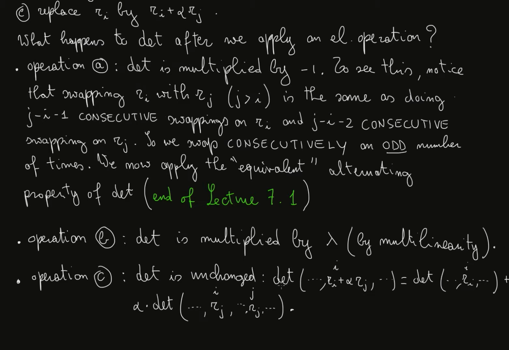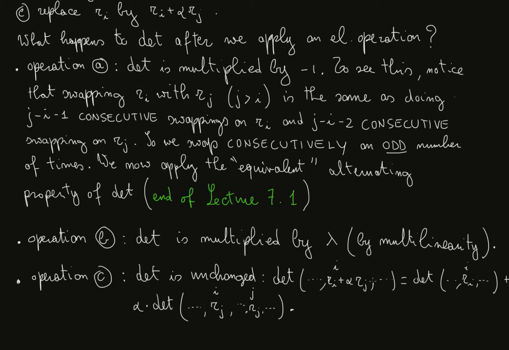Indeed, let's express the determinant of the matrix to which we perform this elementary operation. We will write the matrix in terms of rows. The ith row is the sum of two vectors, namely Ri and alpha times Rj. We can apply the linearity of the determinant with respect to the sum, and we will get what?